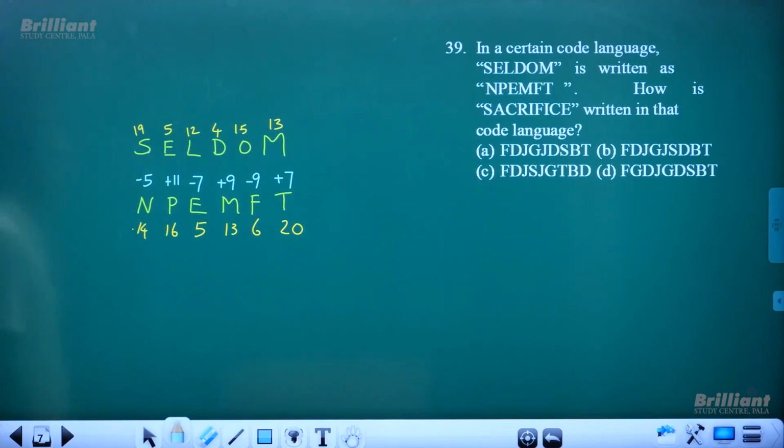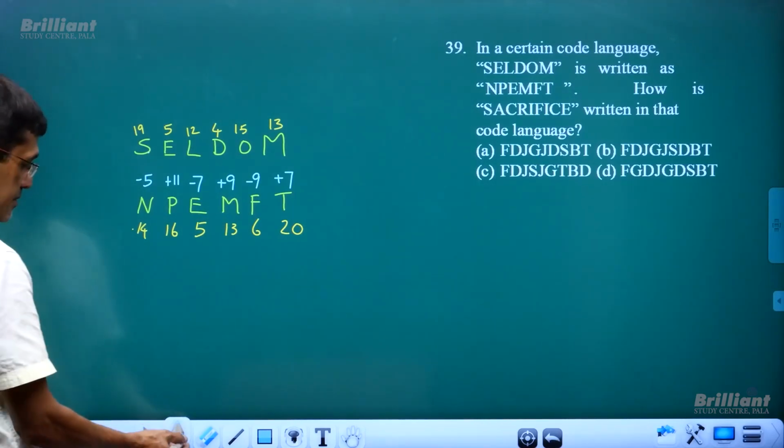So if you apply the same pattern with the first word, what happens?